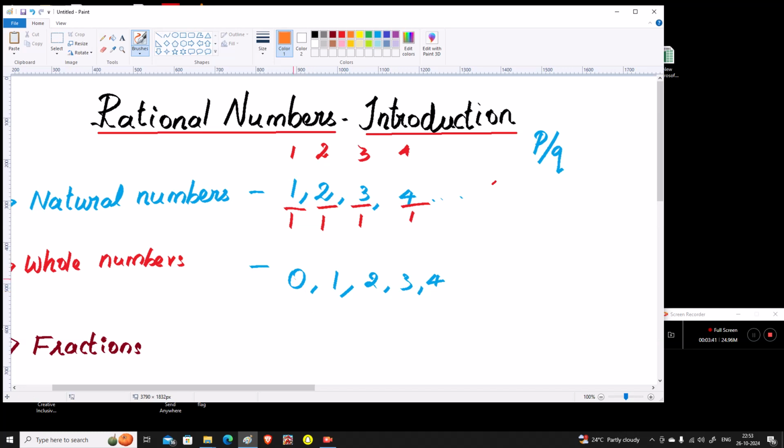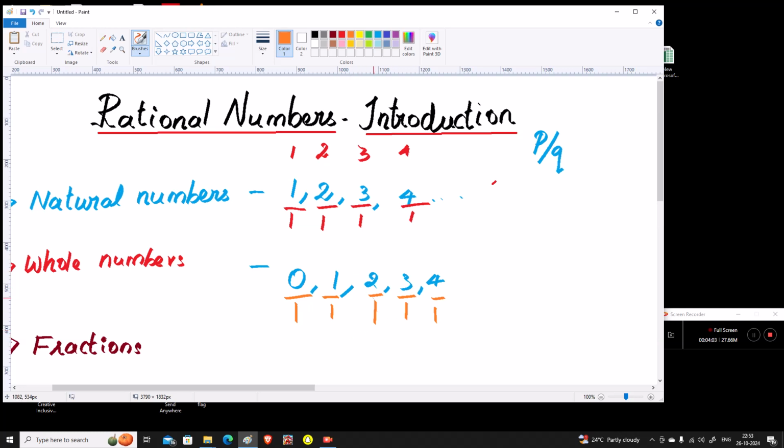The same concept can be applied for whole numbers also. So for the same whole numbers, I am giving the denominator 1. So denominator 1, 0 by 1. You may ask, ma'am, you said many times that 0 should not be in a denominator.